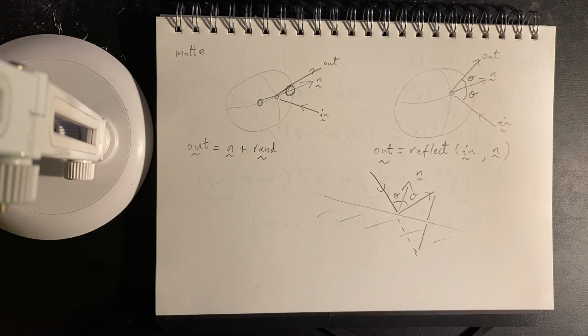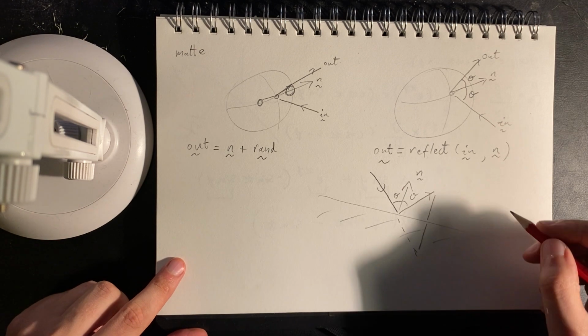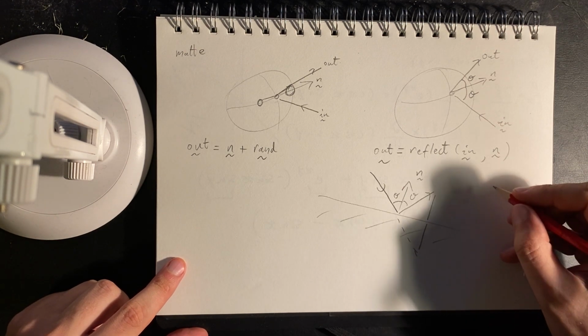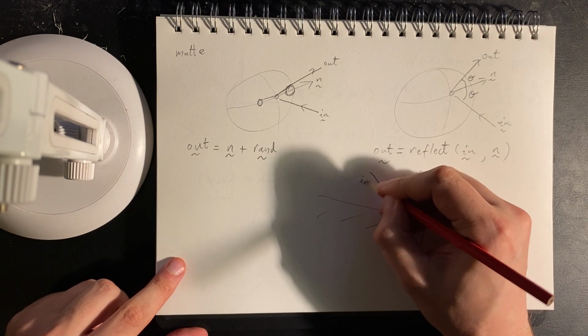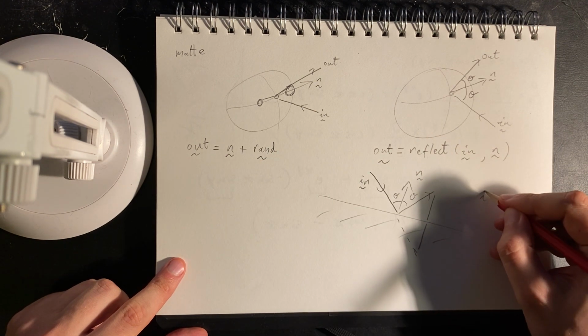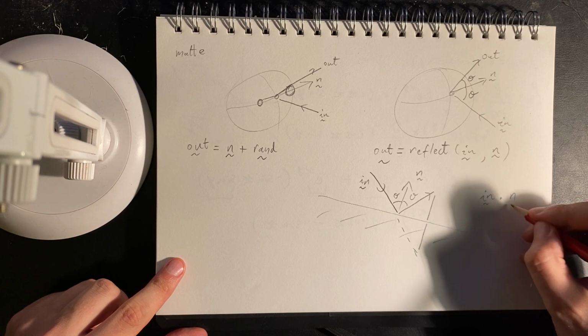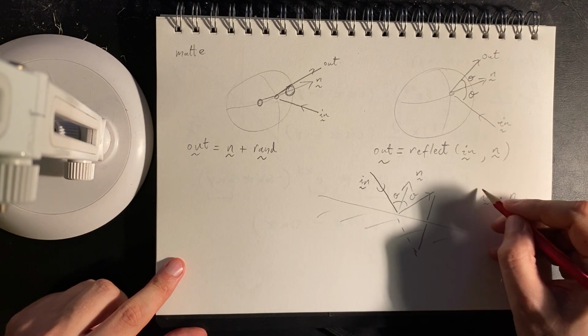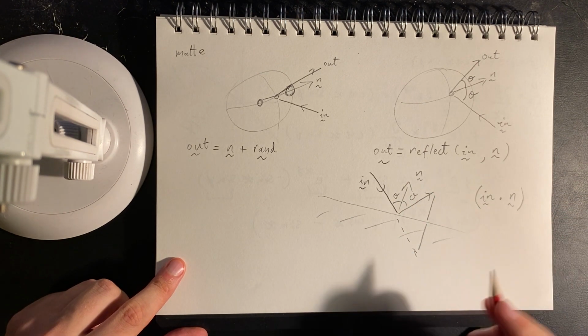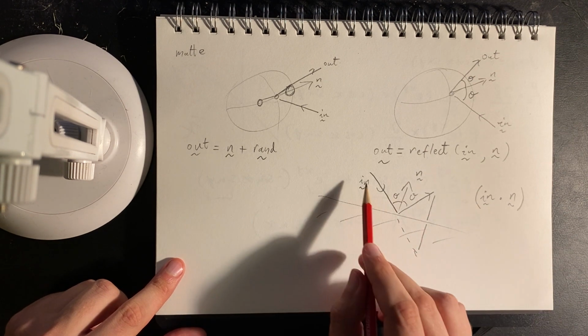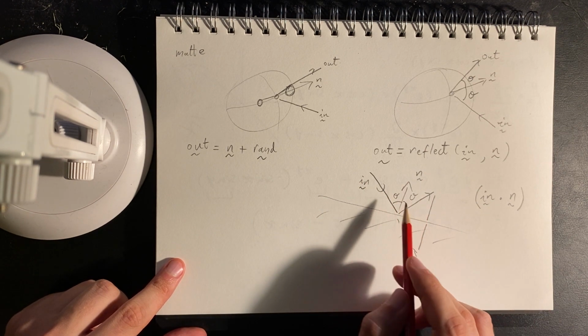What is that? The projection of a vector onto another vector is, if I take the incoming vector and take the dot product with the normal, then that will find the component of the incoming vector which is parallel with the normal.